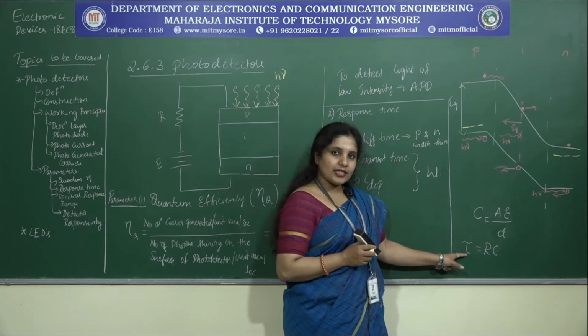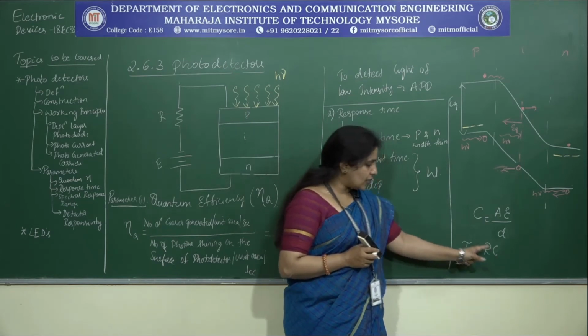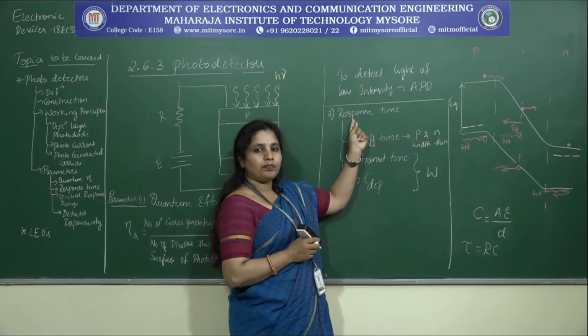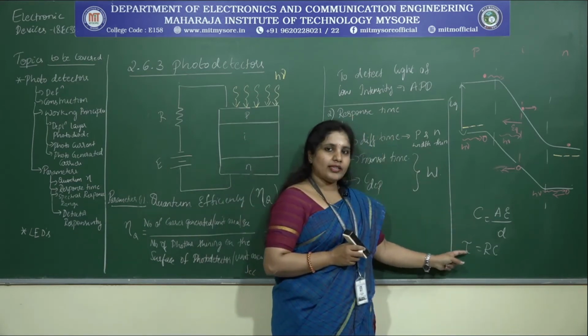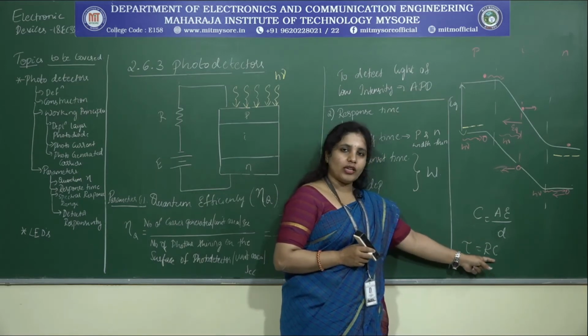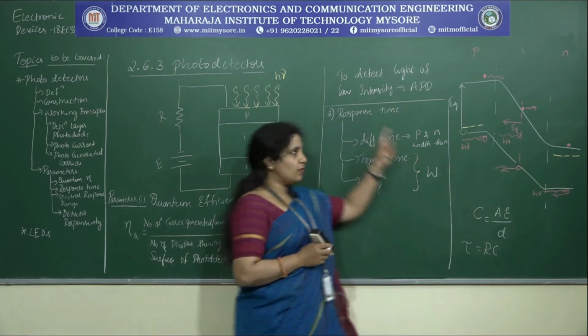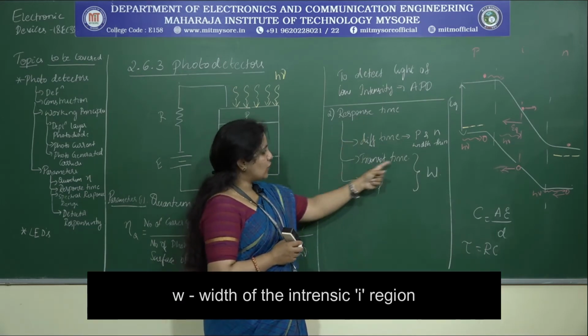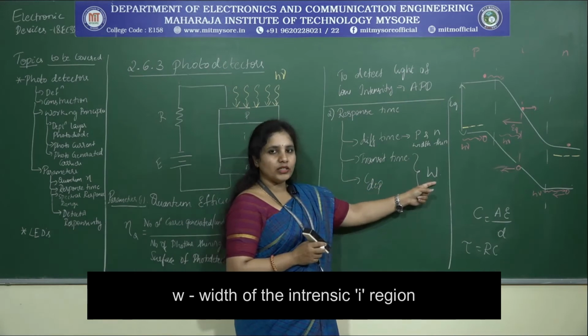So, what does this indicate? The time delay. The more the capacitance, the more will be the delay time, and the less will be the response time. Therefore, I need to ensure the delay is small, which in turn means the capacitance has to be less, which makes my response time as quick as possible. Therefore, these two factors have something to do with the width.